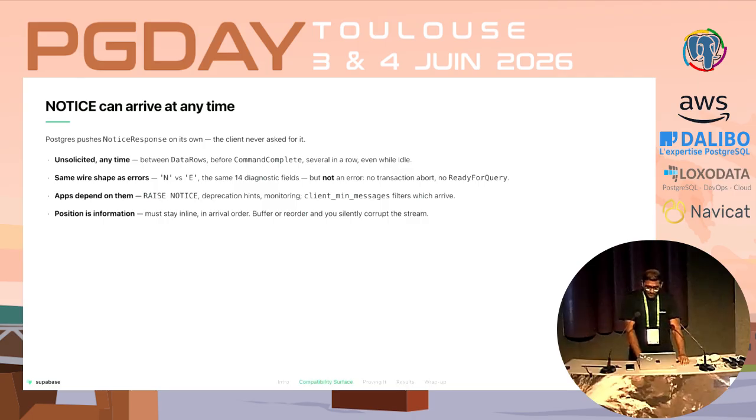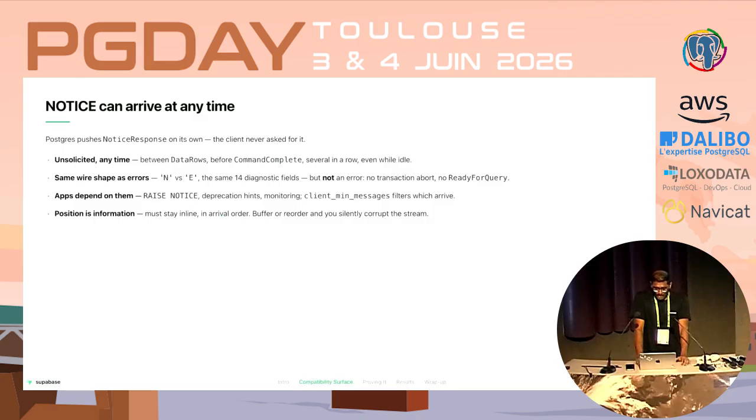Now, let's move to the next one, the notice messages. It's kind of similar to error, but it's a little bit sneaky because the notices can arrive asynchronously at various different points in time. They can be informational, they can be a warning, they can be a deprecation hint, etc. And it can arrive even in the middle of a stream of rows before the command completes.